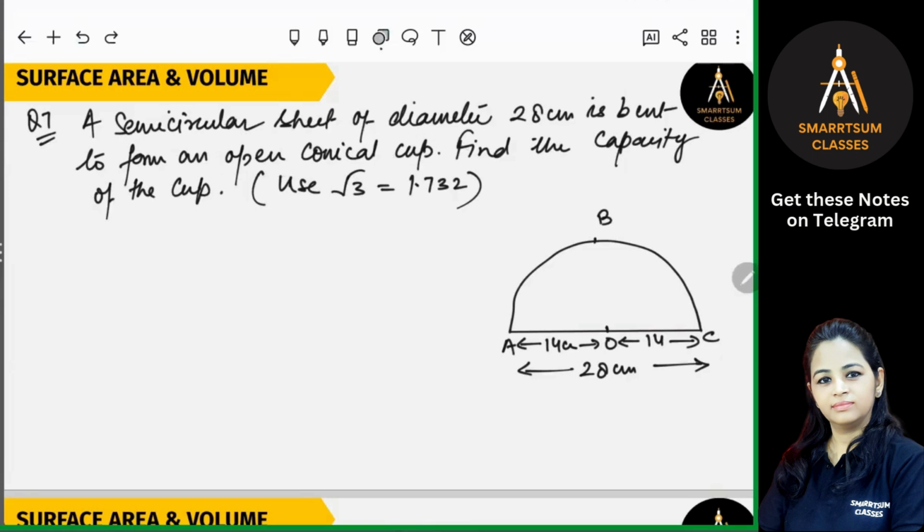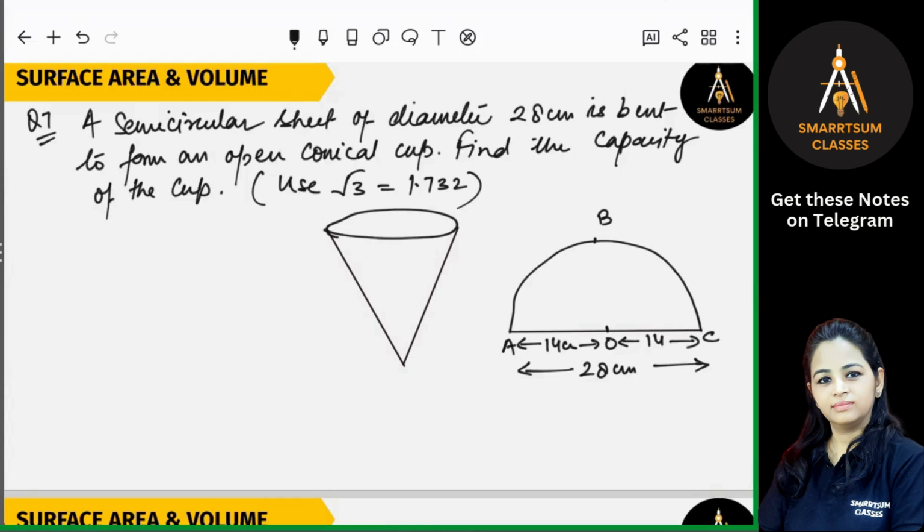So now let's see how it looks. It will look like this. Since it is an open cup, it is open from its top. So this semicircular sheet is bent and this conical cup is formed.